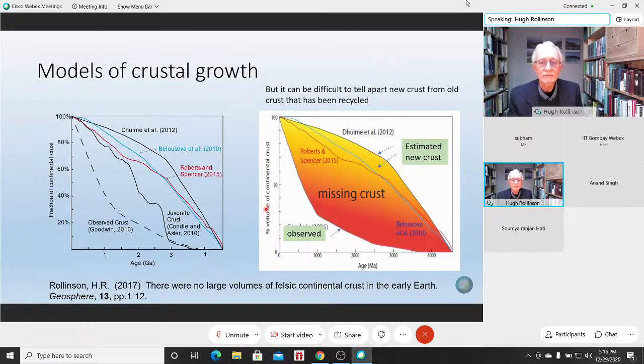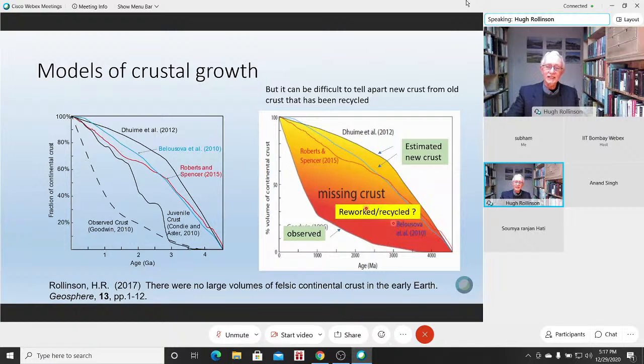And this is a very tricky problem, because we have a number of calculated estimates of newly formed crust, such as those by Dhuime, Roberts, Spencer, Belousova and others, which all indicate a very large amount of crust had formed early in the history of the Earth. This is contrasted with the observed amount of crust which we find today. And the disparity between the two we may describe as missing crust. Crust which is supposed to be there, but crust which is not observable.